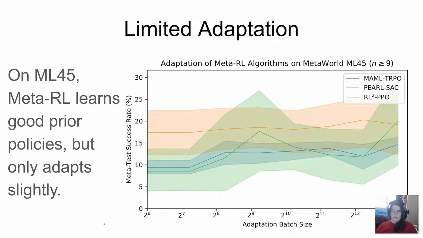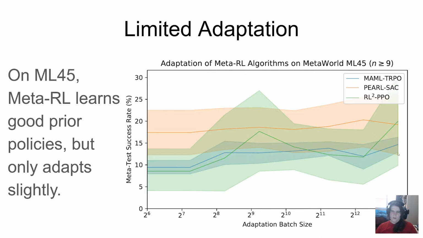And the final thing that really indicated that MetaWorld v1 had issues to be used as an effective meta-RL benchmark, at least with the algorithms we have today, is that we were unable to get adaptation to happen as meta-RL is designed to have happen. Basically, we took from each run of each of these algorithms the best model, and then we tried giving it various numbers of samples to adapt to the new task, ranging from just 64 samples up to I think 16,000 at the edge here.